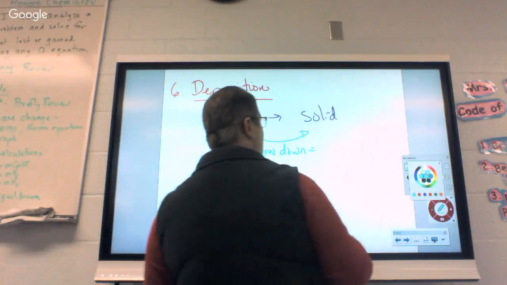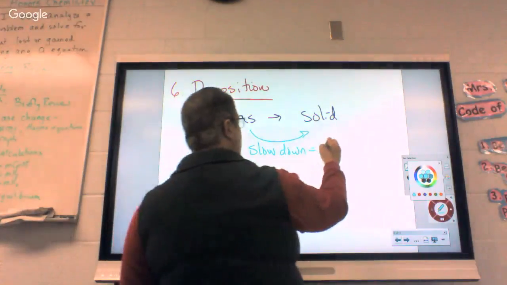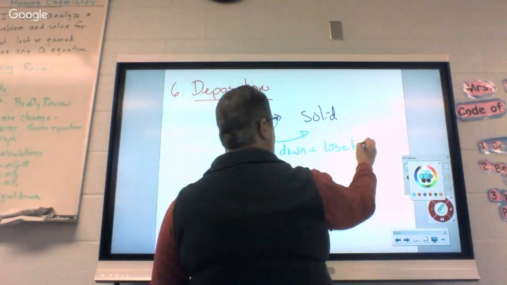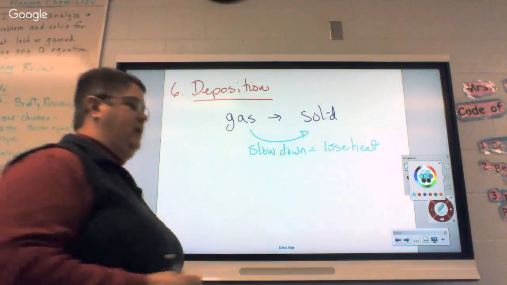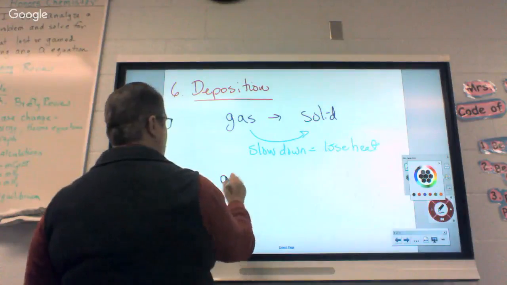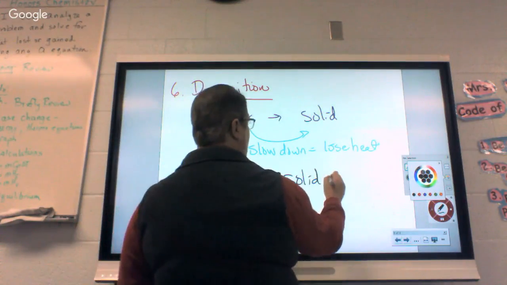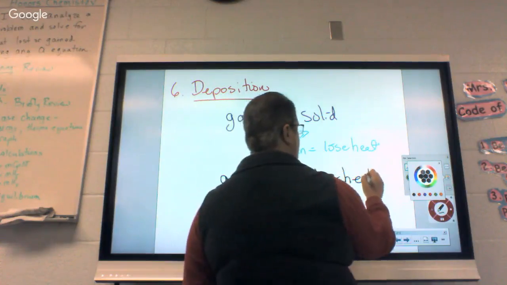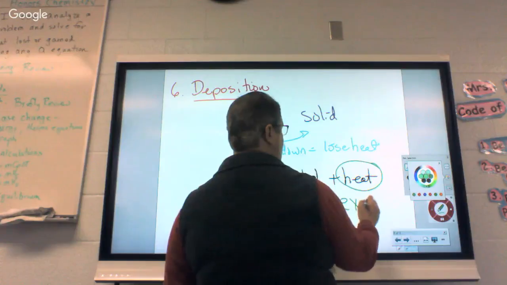So if we want things to slow down, we want the particles to do what? To lose heat. So if we want things to lose heat, we need it to be on the right. We need it to be lost. So we want gas goes to solid plus heat. So this tells us it is exothermic.